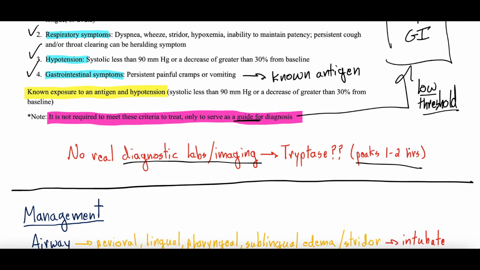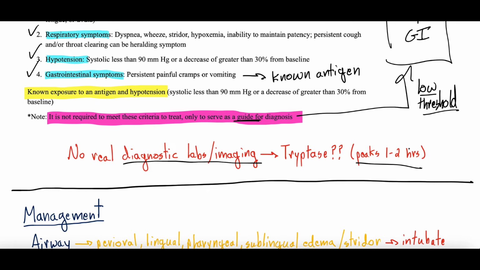So let's say a patient comes into the emergency department, they've got skin involvement and GI involvement, no known exposure, and you're like, gosh, this could be anaphylaxis, but we're kind of in the gray. I'm going to treat it like anaphylaxis because I'd rather over-treat than under-treat, but I'm going to send a tryptase level.